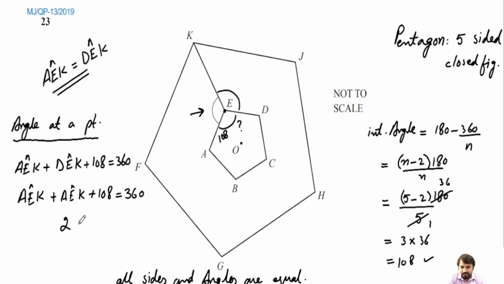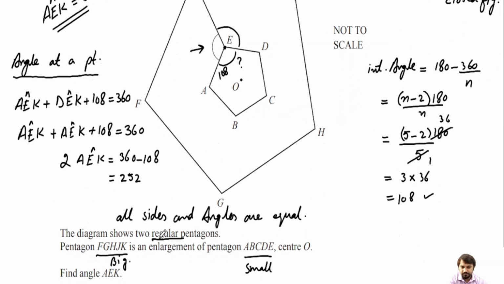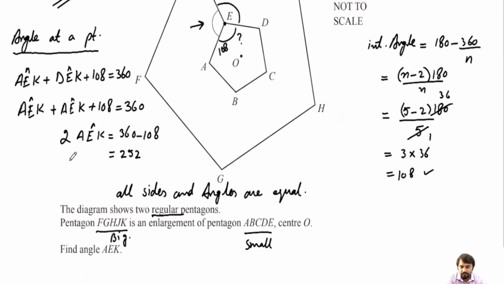So they combine to form 2 times angle AEK. 108 moves to the other side. Just subtract it. We have 252. 2 times AEK is equal to 252.